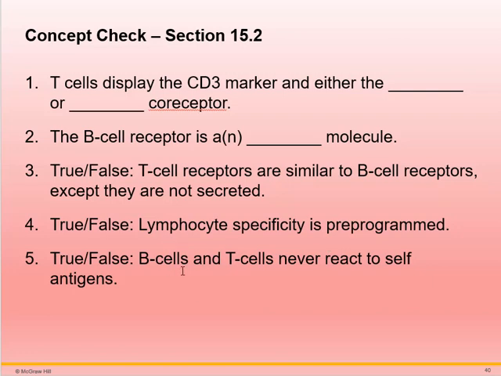If you answered false, you are correct. Whenever you see never in a true or false question, that usually means it is false, because very rarely can we say something is always or never something. B cells and T cells, we delete the forbidden clones, but sometimes they don't get deleted, and that's why we do have some autoimmune diseases. So that's the end of section 2.